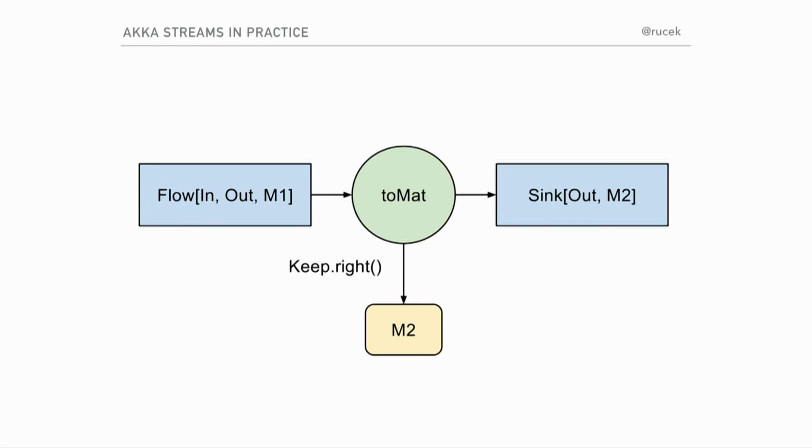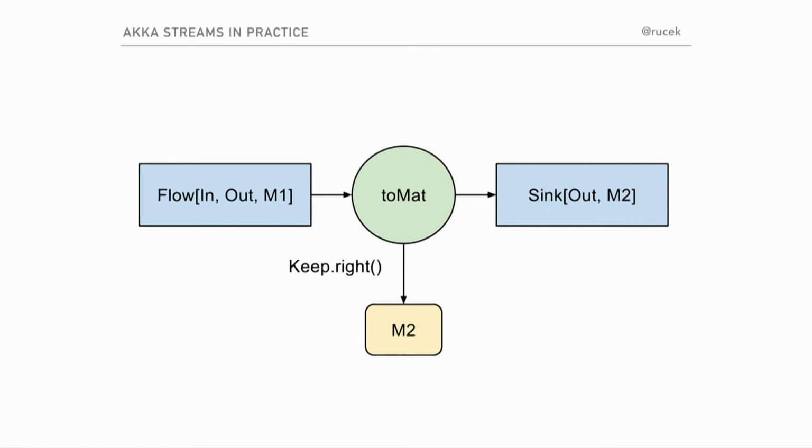And actually, we're interested in the materialized value of the sink, which is to the right, as you can see. And that's why we are using the keep right parameter to indicate that we want the value from the right. In other cases, we could use keep left to take the left value. We could use keep both to take both values. And we could also use keep none for just ignoring the materialized value.